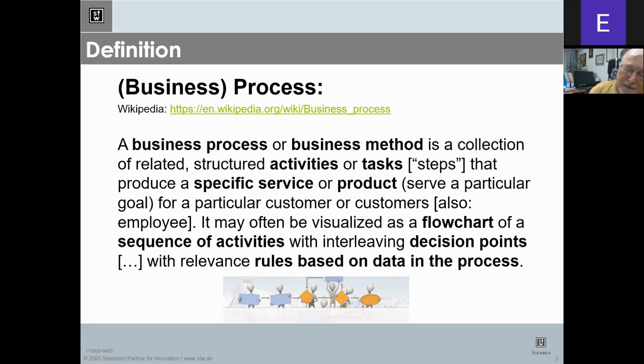And then we have some steps to document this product, to do something with this. So the service or the product has to serve a particular goal. So with an object documentation, the goal is to have this object in an exhibition, for example.